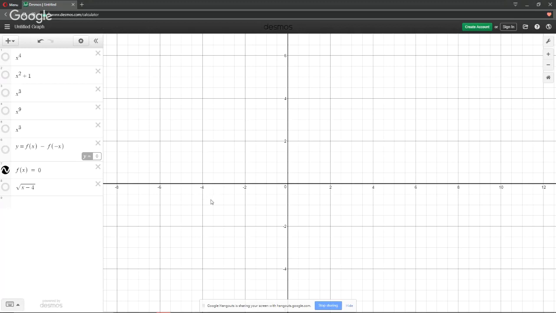Does this have symmetry with respect to the origin and the y-axis, both of them? It also has both odd and even. It does. It has symmetry to both the origin and to the y-axis. This function is both even and odd.